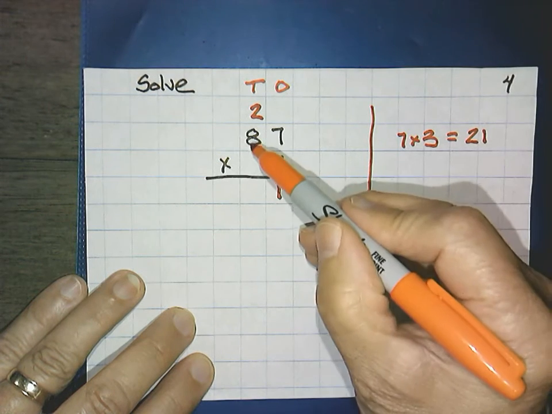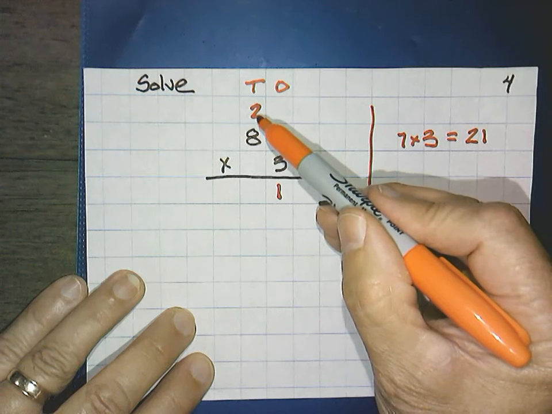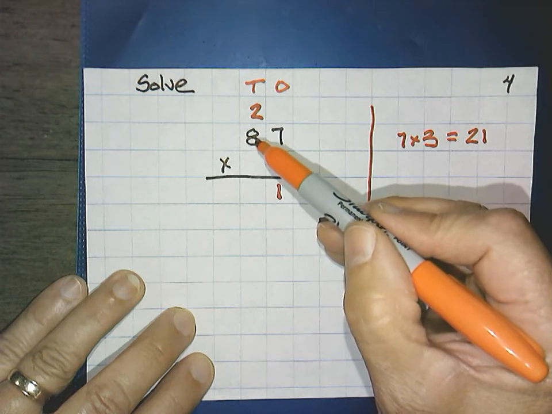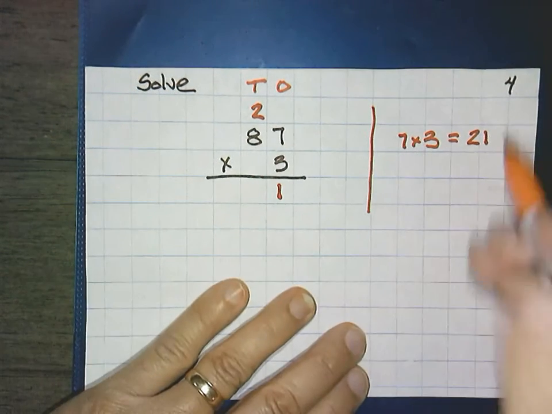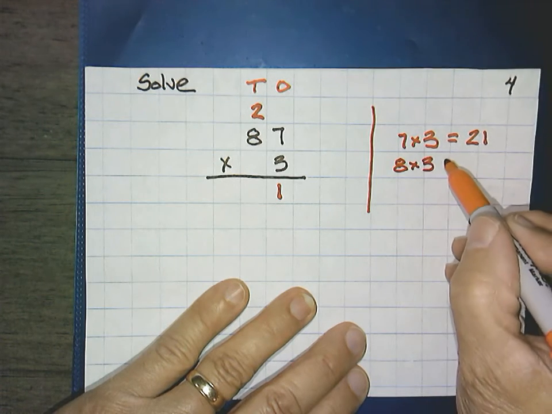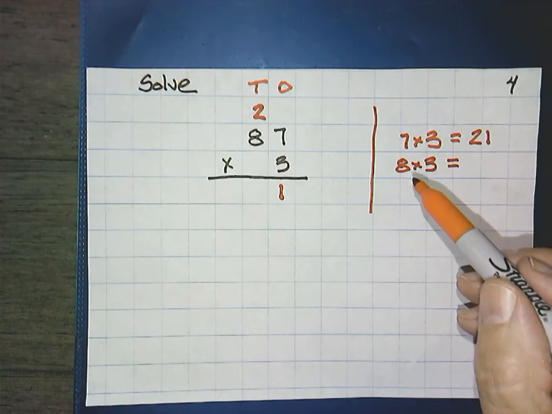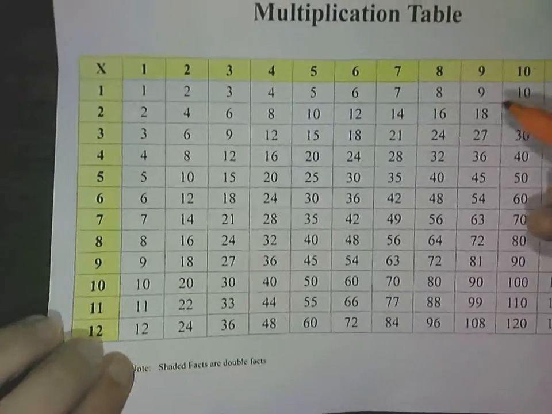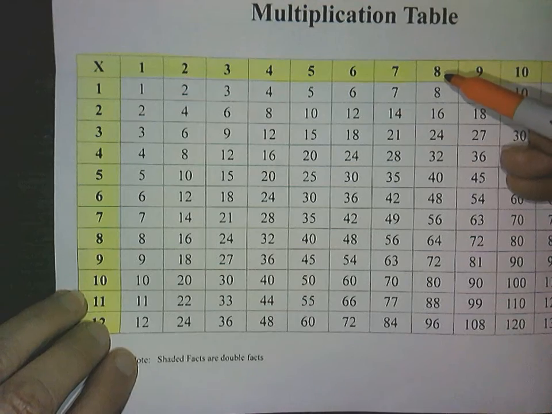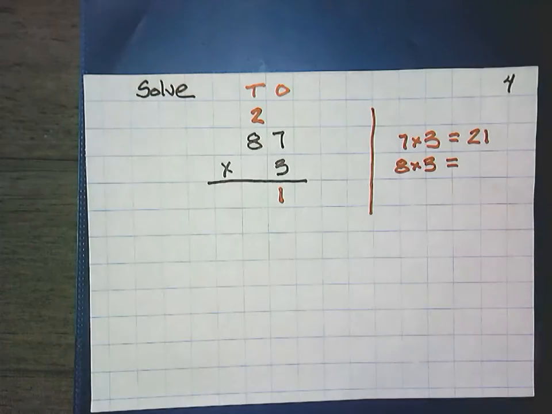And now it's going to be 8 times 3. Remember, you're not multiplying the regroup number, you're multiplying the original digit. 8 times 3. I know the answer is going to be 24, but let me show you why. I'm going to start with my 8 and multiply, or 3 hops, 1, 2, 3, so that's 24.